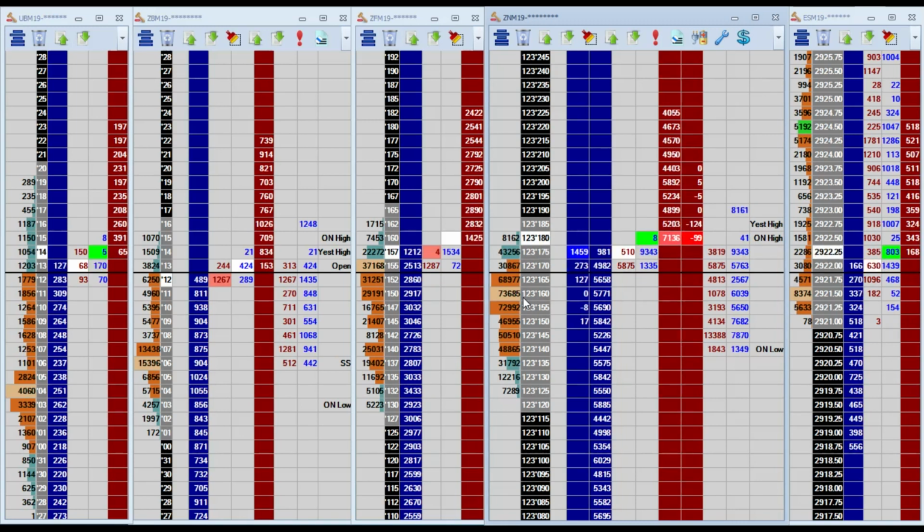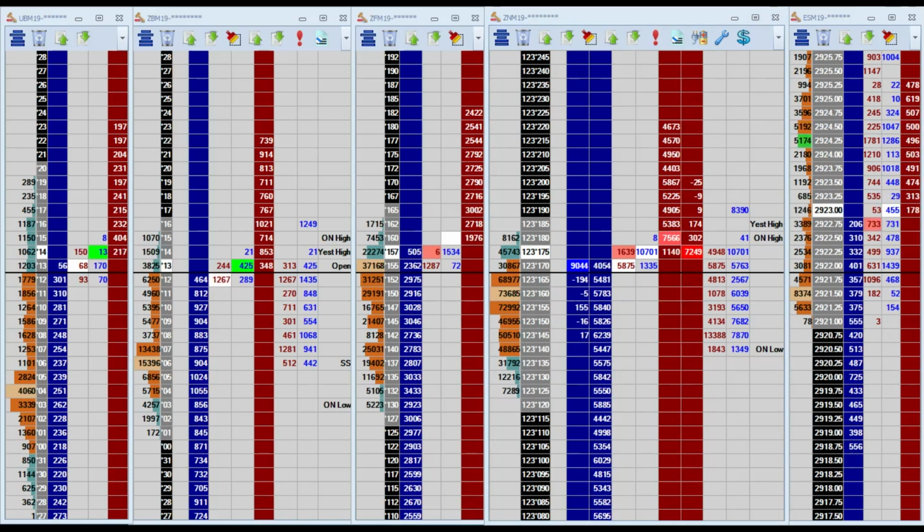These are all clues. So what I'd like to see, they're getting some pretty good pushback as soon as you step up into this area. They just immediately slap it back down. That's good.